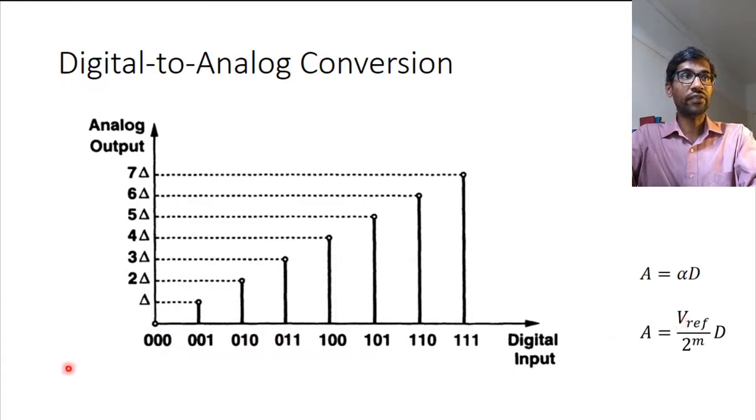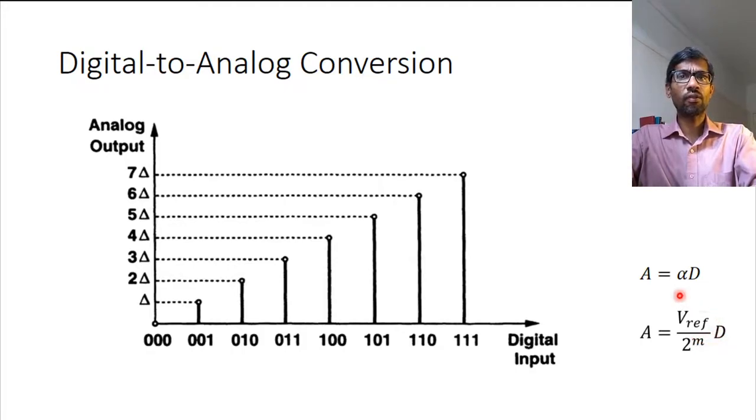So vref then becomes, in this case, 7 delta. Then you divide it by the number of levels, which is 8, and your analog value becomes vref divided by 2 to the power m, where m is the number of bits of the converter, times your digital code.